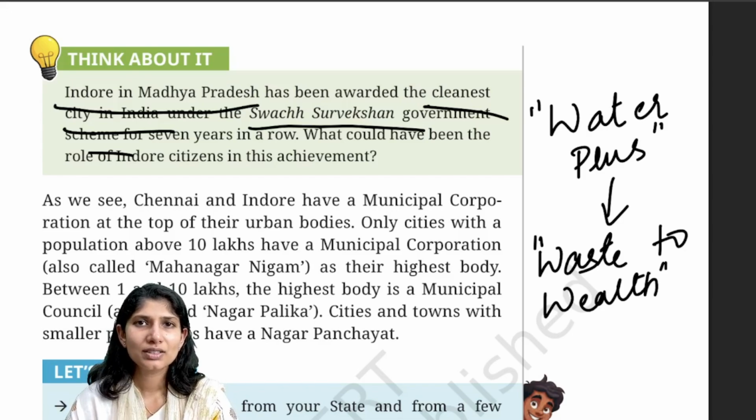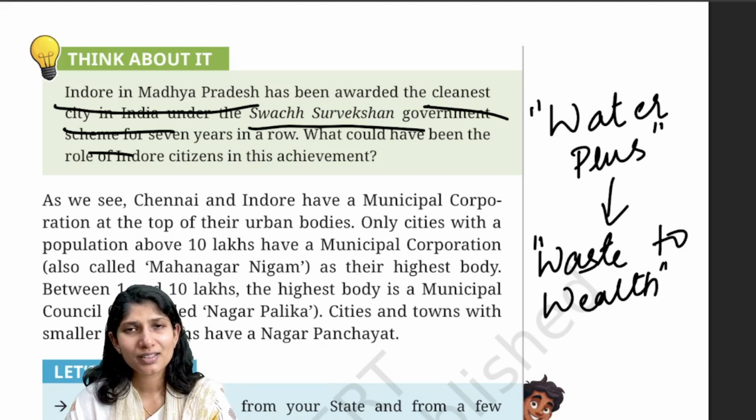Okay, so this survey has also introduced something called the Super Swachh League. Super Swachh League is a way of getting citizen feedback on how we can improve the system better. So when you are introducing this thing called citizen feedback, you are expecting citizens to participate in the democratic process.